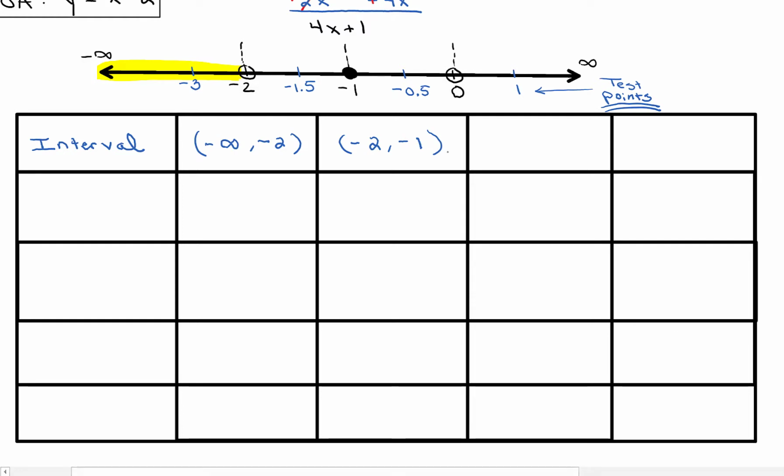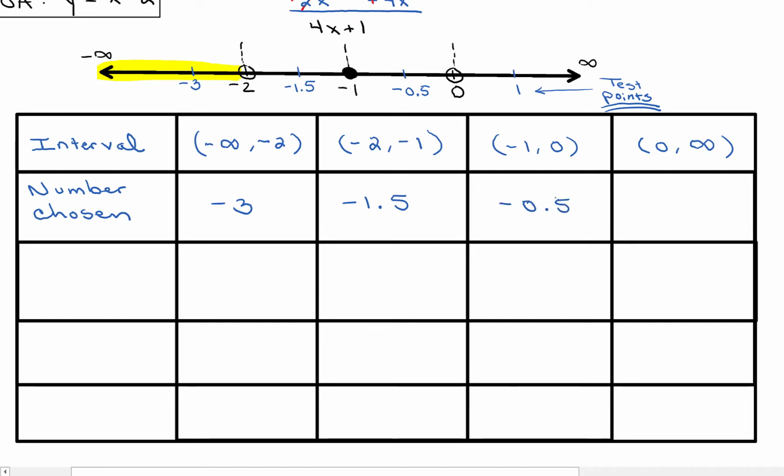And I'm just going to do open on -1, even though it's closed there, because I'm really looking for a number between those two. I don't want to accidentally choose that -1 because I'm trying to choose a number in between those two values. And then the other 2 intervals were the open interval from -1 to 0 and the open interval from 0 to infinity. All right, now the numbers that I chose within the intervals were -3, -1.5, -0.5, and 1.